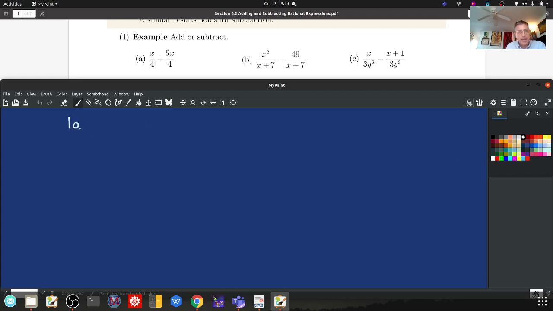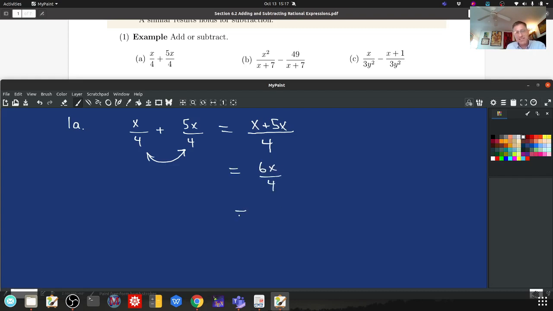This is 1a. So I'm asked to add x divided by 4 to 5x divided by 4. If you'll note, our denominators are the same, they're both 4. So by the theorem above, I can write their sum by writing the division line and writing the common denominator 4, and then I just add the numerators, and x plus 5x is 6x divided by 4.